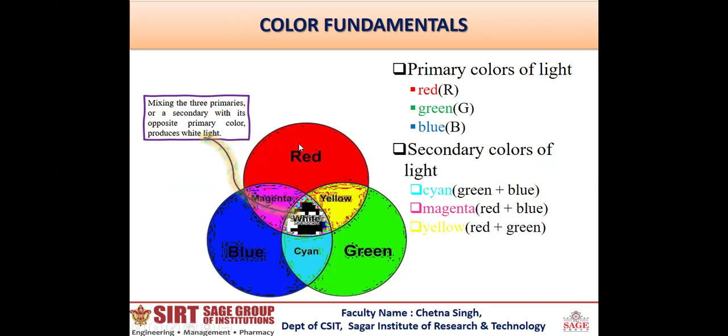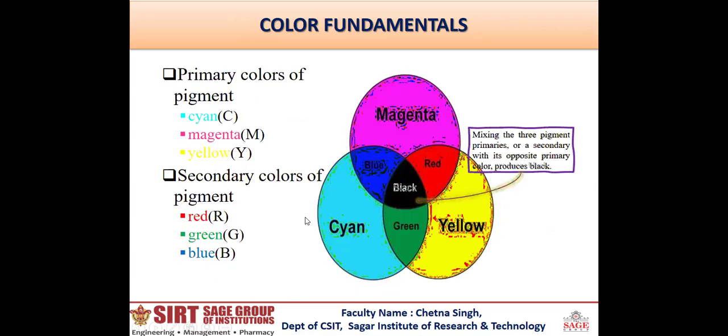When we mix the intensity of red with the intensity of green, it will produce the yellow color. When we mix blue with green, cyan is produced. And all three colors generate the white color. Mixing of the three primaries, or a secondary with its opposite primary color, produces white light.